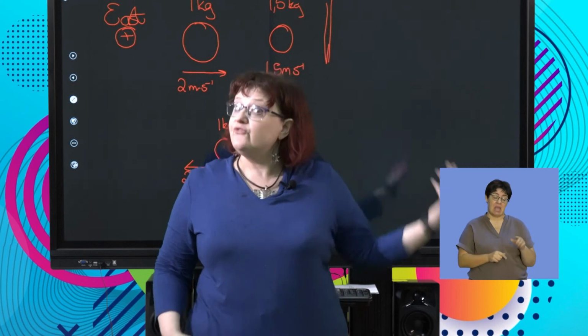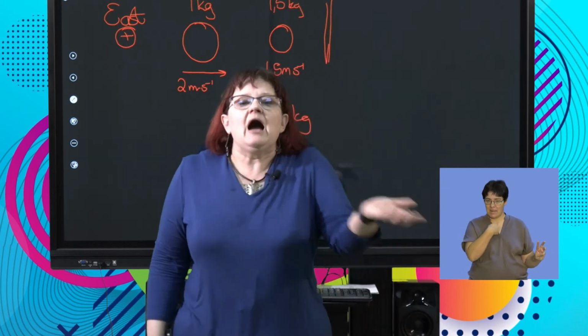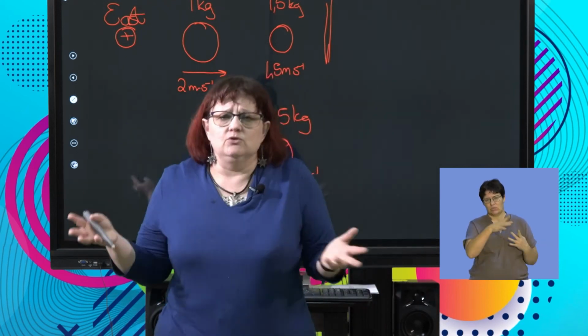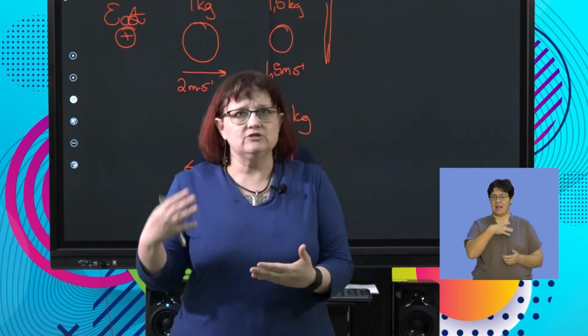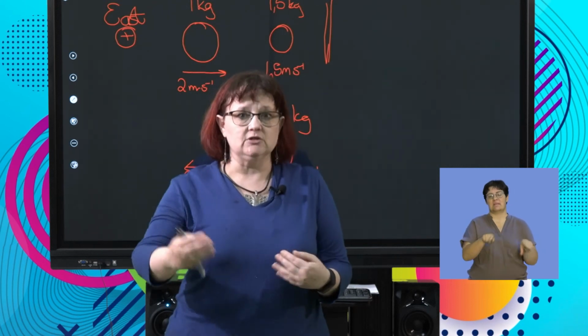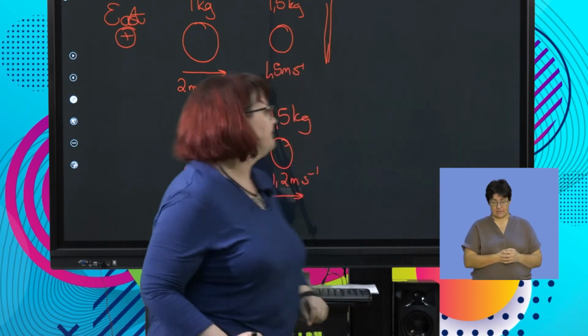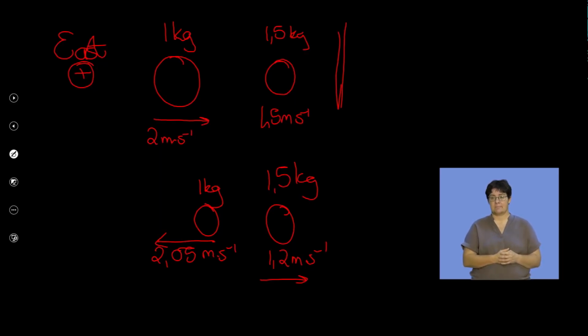If they had said block A was going west, and that was the first thing they told me about, I would have made west my positive direction. You can choose, it's up to you. I just like to stick to something that's the same with every question. Original direction, positive. So that means for us, because that's going west, the 1.5 is going at minus 1.5 meters per second. And after the collision, the 1 kilogram is going at minus 2.05.